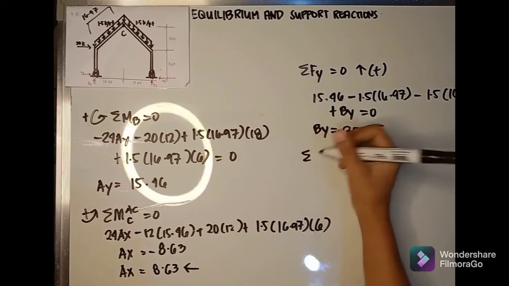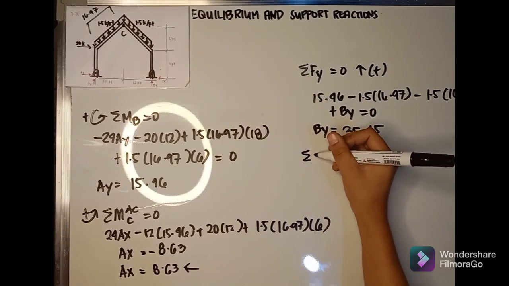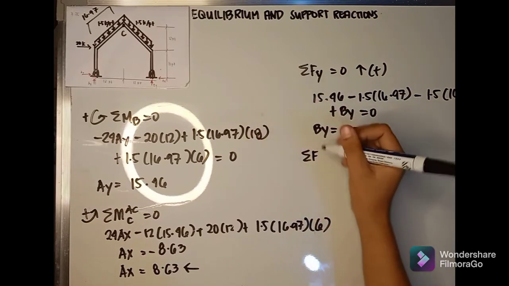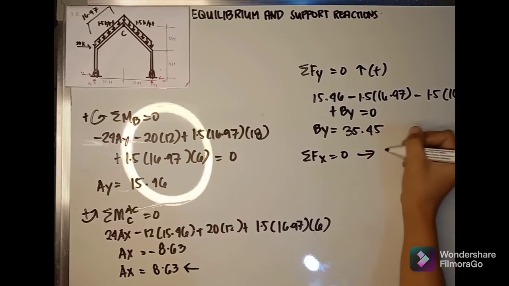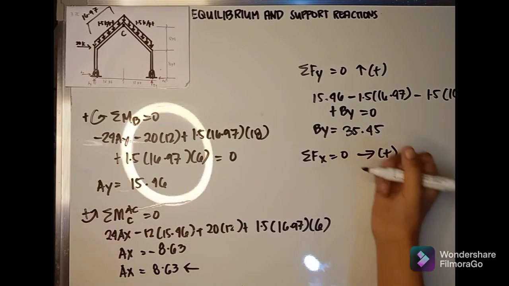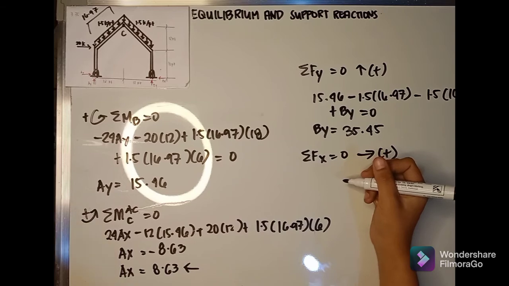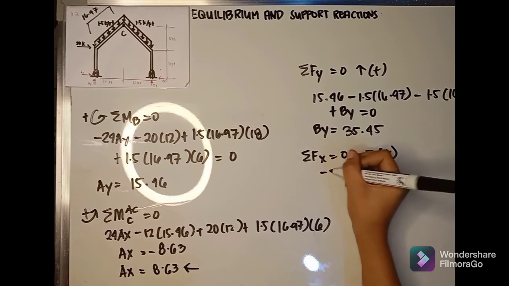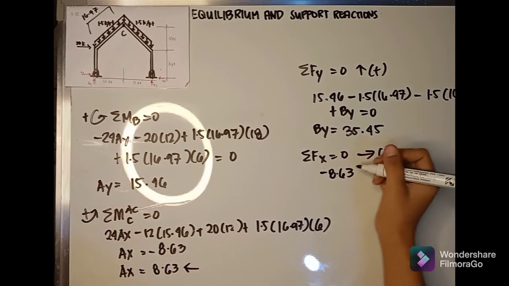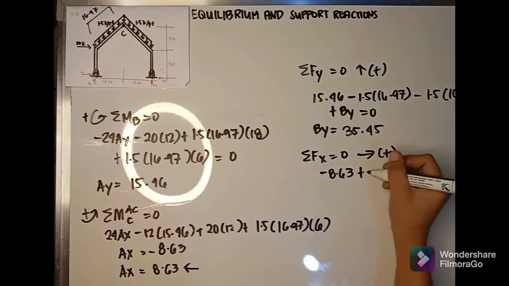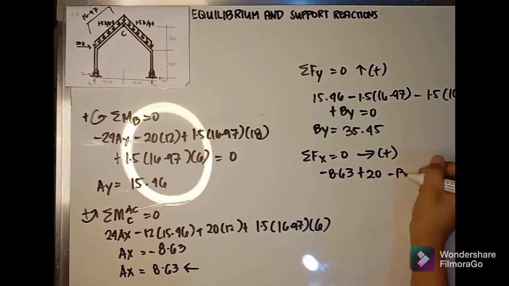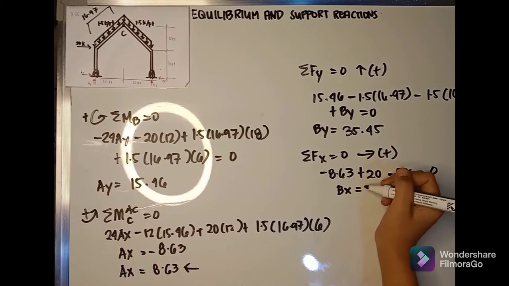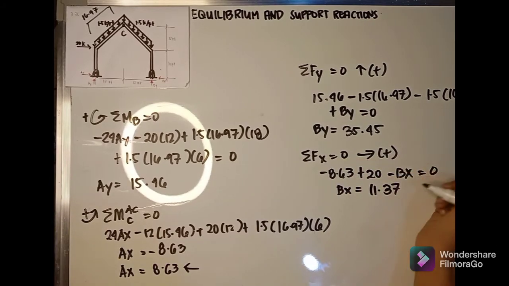For last reaction BX, let's use the horizontal equilibrium equation. Summation of Fx is equals to 0, the right is positive. So AX negative 8.63 plus 20 minus BX is equals to 0. Solving for BX is equals to 11.37.